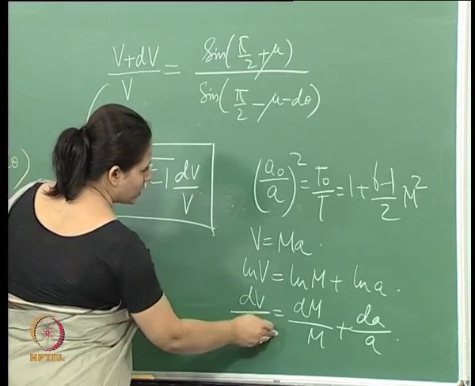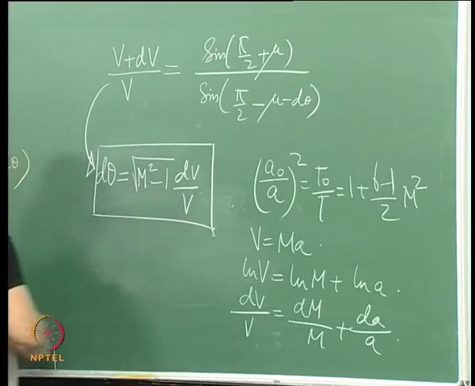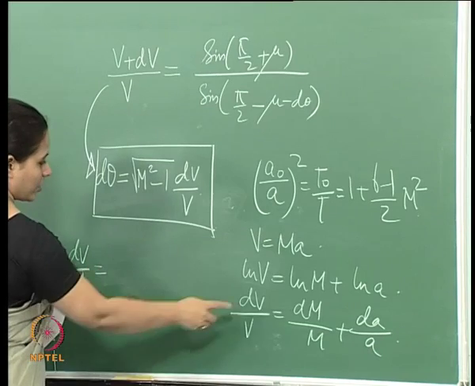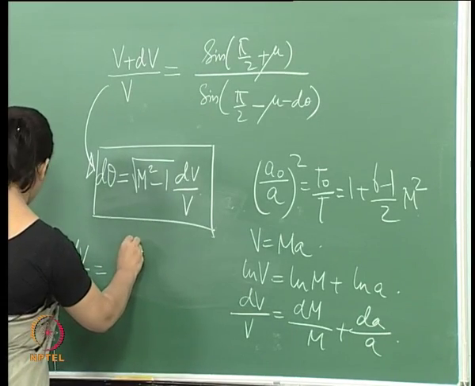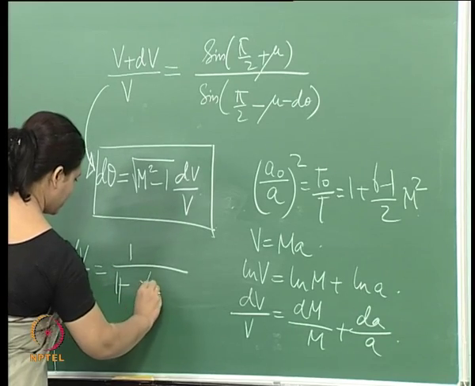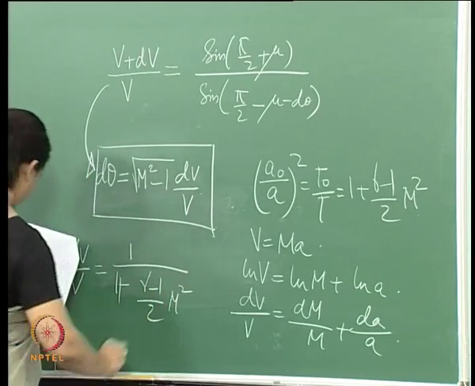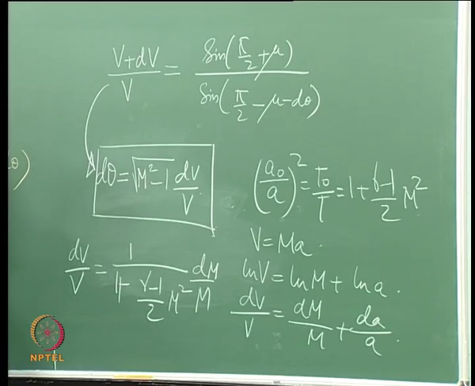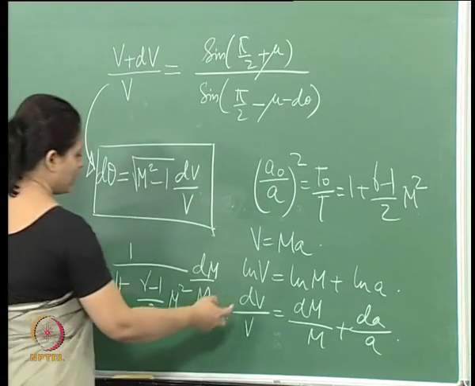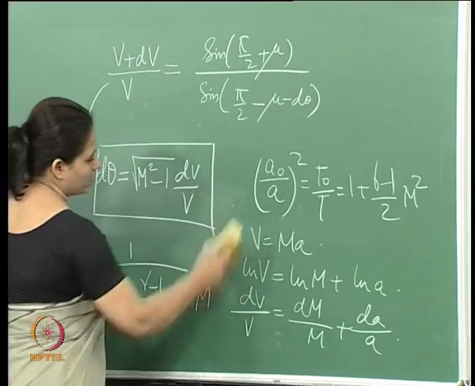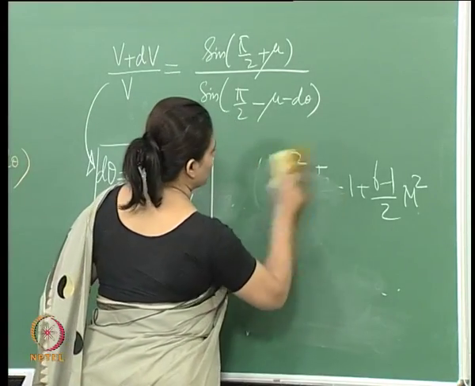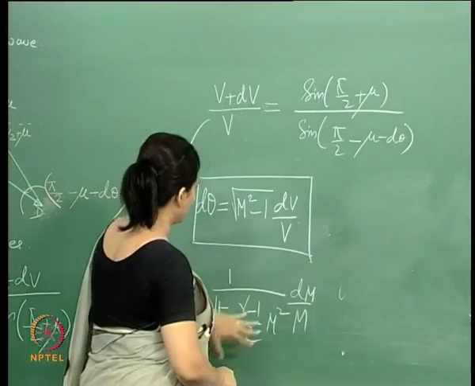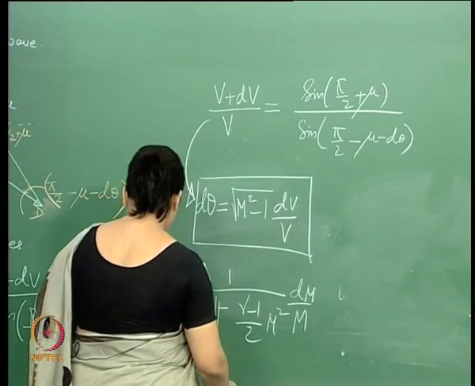With the combination of this and this, I can write dv by v in terms of the Mach number. So basically using these relationships, I am going to change the velocity terms in terms of the Mach number. Okay. So this is what we get.